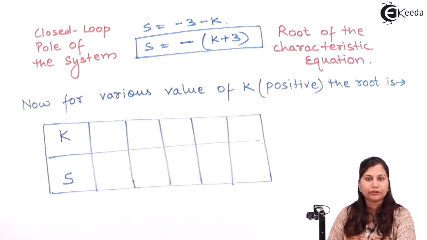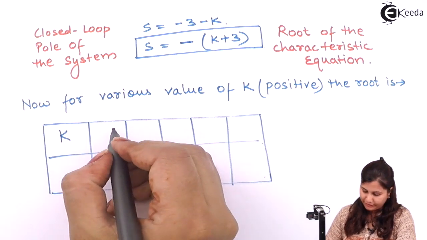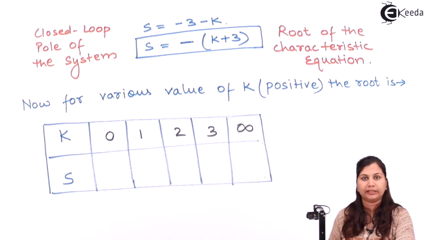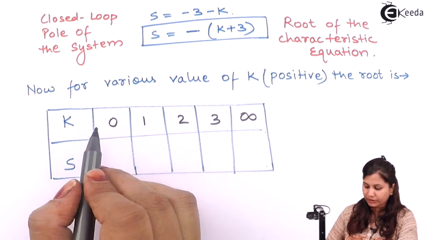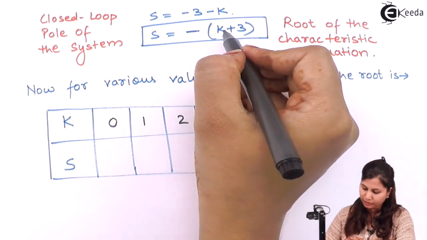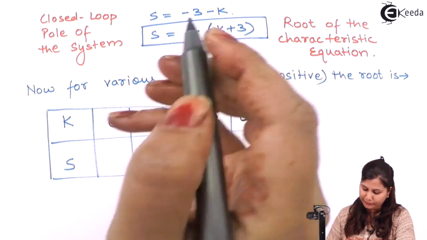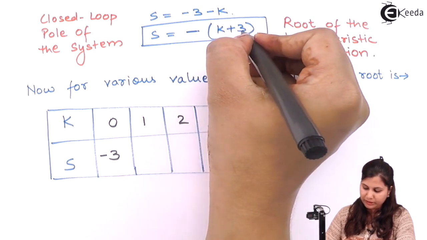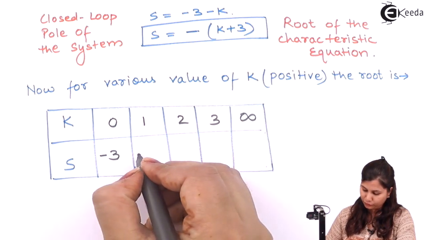Let's take different values of K. Suppose we are taking 0, 1, 2, 3 and infinity. Now put these values in this equation and let's see what the value of the root will be. If we put K equals 0, then it will be minus 3. If K equals 1, then 1 plus 3 is 4, so minus 4.